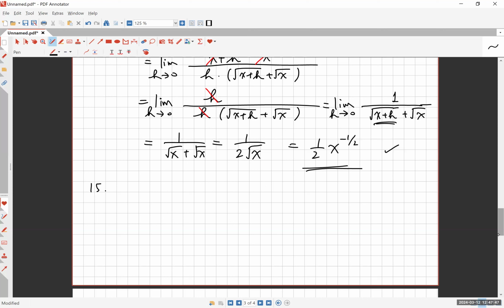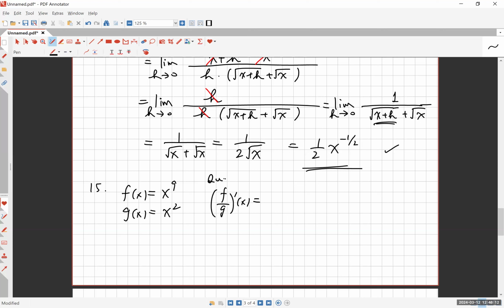Okay, now number 15, we are asked to solve one problem in two different ways. f of x is x to the 9th, g of x is x squared. Let's try to find f over g. Of course, f divided by g is x to the 7th power. But let's take the quotient rule.